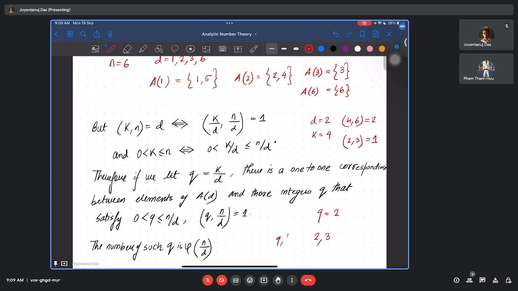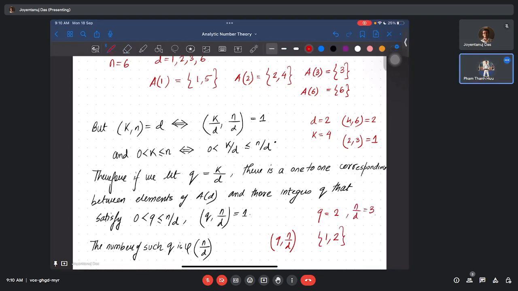So this is q comma n by d. How many q's are there that are less than or equal to n by d such that the GCD is 1? It will work for 1 and 2, because n by d is 3. So there are two integers.